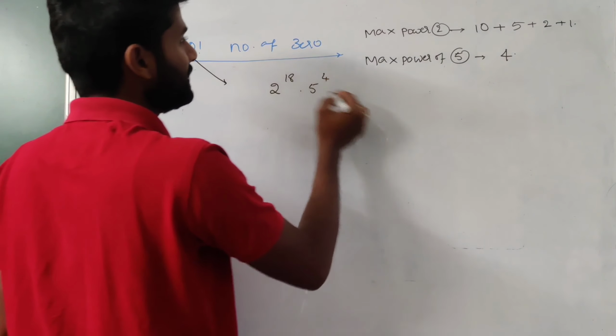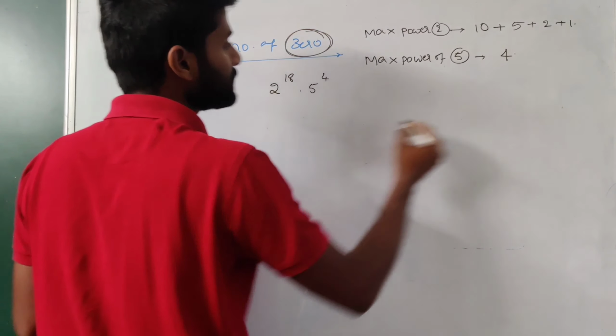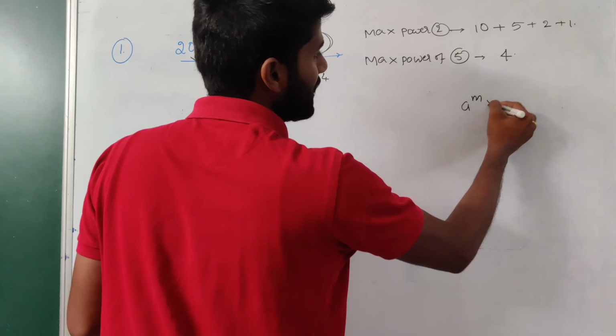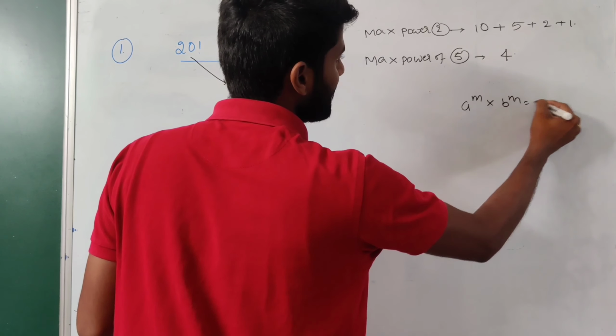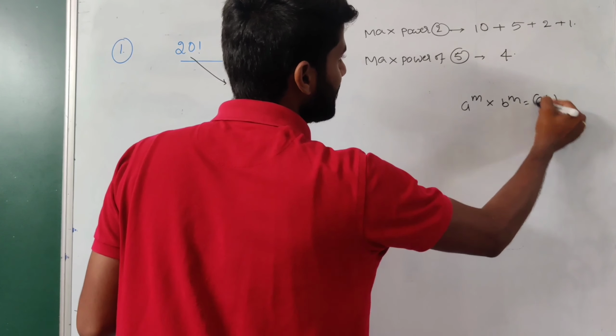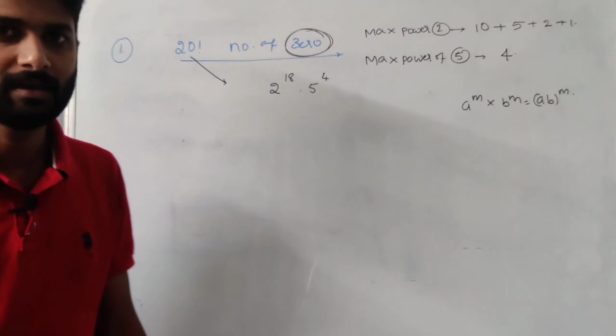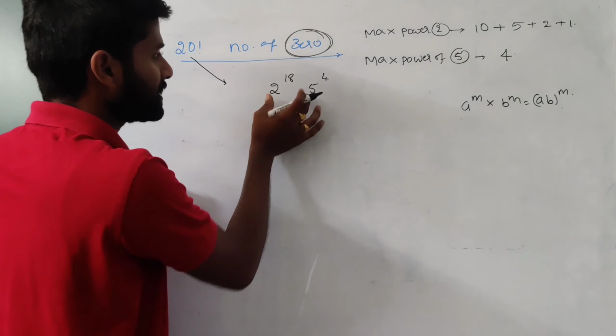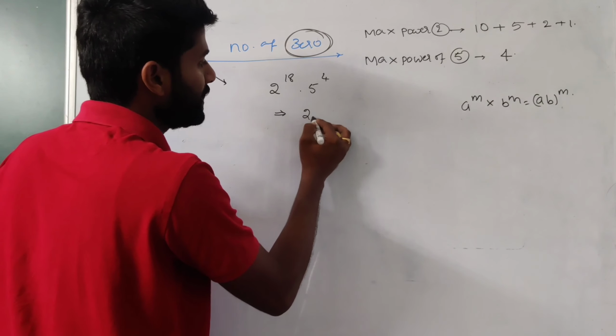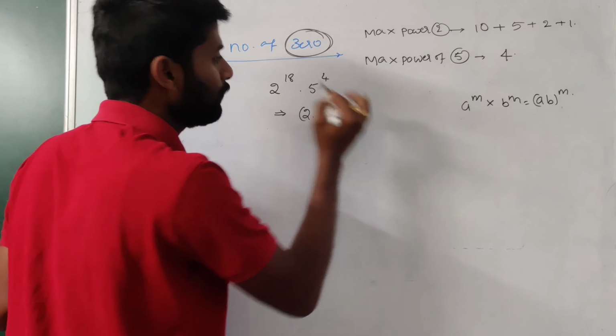But we require the number of zeros, and we have the property a power m into b power m is exactly equal to ab whole power m. Here, the product of 2 and 5 gives 10, so the value becomes 4. Why?